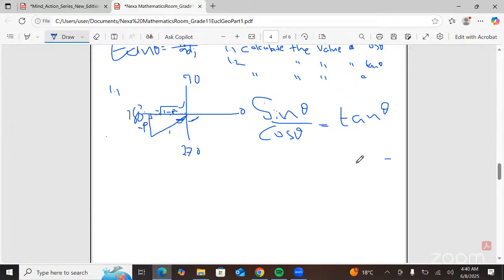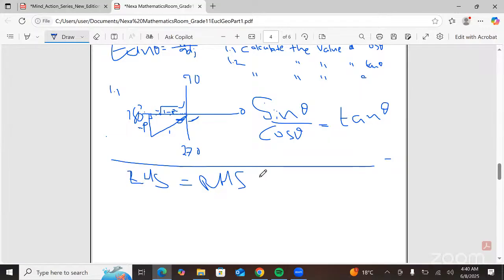Okay, and then what else can I also emphasize? When it comes to proofs, sometimes they can give you some equation with a left hand side and a right hand side in trigonometry, and you are required to prove it. With these proofs, you need to first look at the complicated side, and work out that complicated side until it is the same as the one on the right hand side.